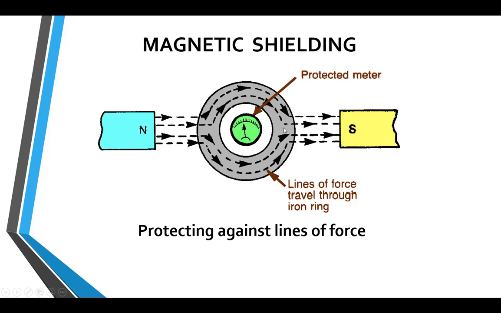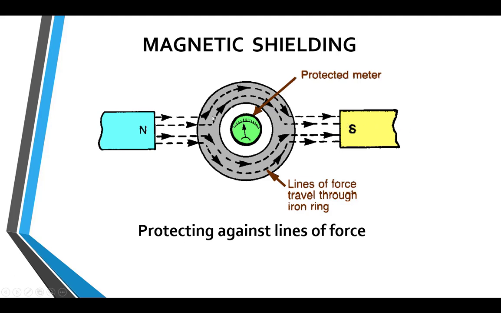I've got an iron ring that surrounds my meter, so any electromagnetic fields or radiation coming from any source heads towards my meter, but gets in this metal and travels along it and exits the other side.